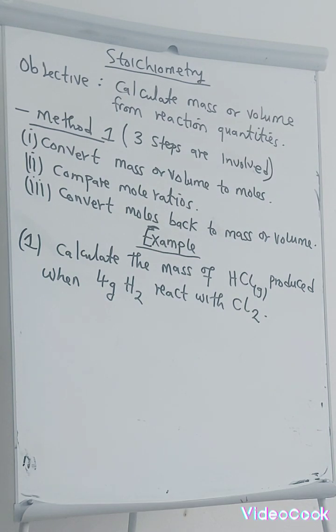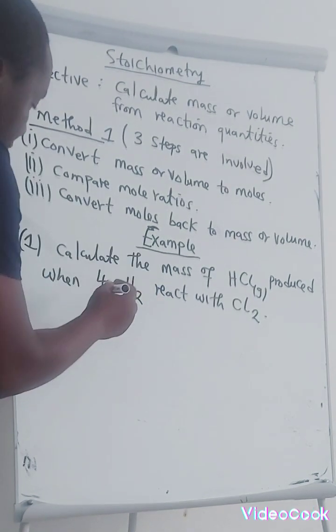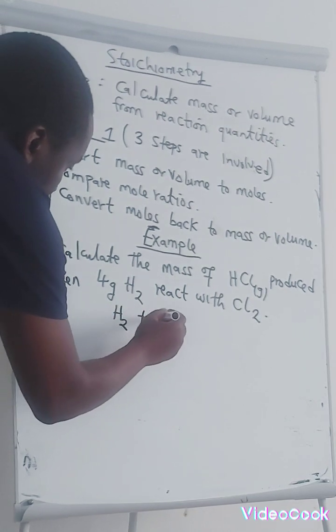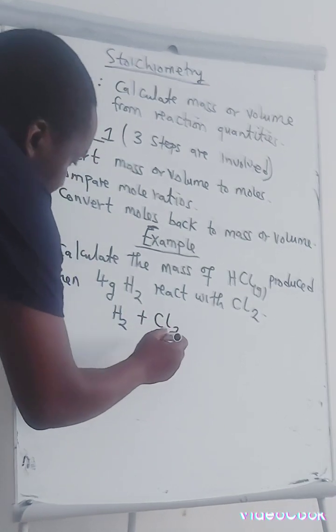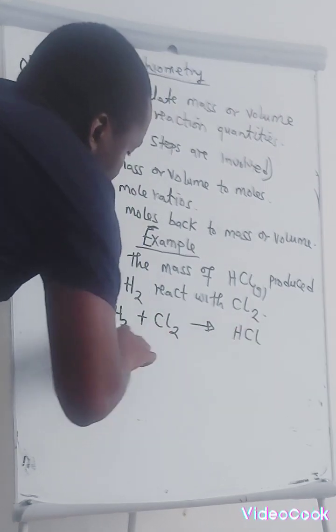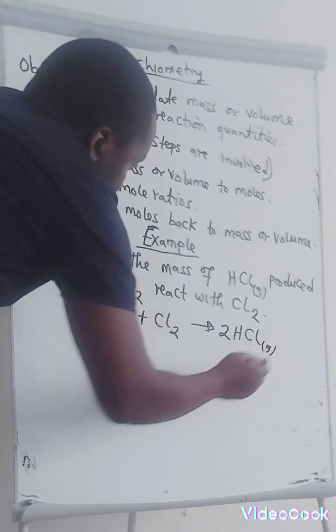We use our first method, but for both methods we need to balance the equation first. So chlorine plus hydrogen will give us hydrogen chloride. Here you have 2, here you have 1, so we need the 2 here. So the equation is balanced.